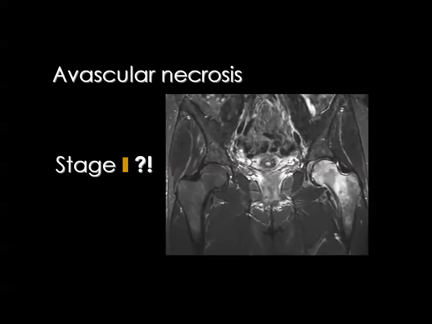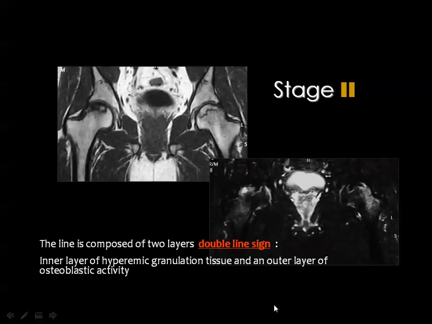It will resolve completely within 6 to 8 months, according to the literature. Then we consider sometimes that bone marrow edema may be a precursor for avascular necrosis and the development of avascular necrosis in the femoral head, and the only diagnostic sign now considered in the literature is the presence of this low signal line in the femoral head.